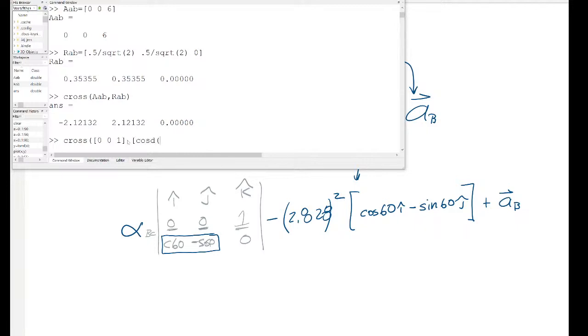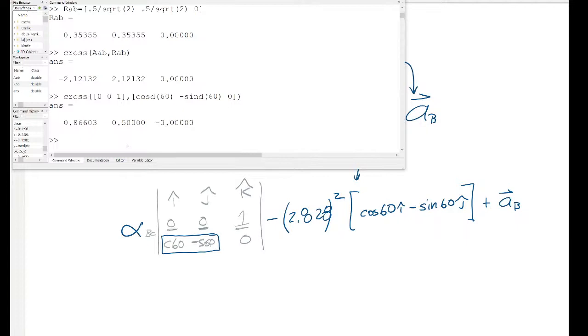cosine degree of 60, minus sine degree of 60. And so I put both vectors right there. I did not represent them off to the side. Now, I looked for a minute and didn't see that comma.